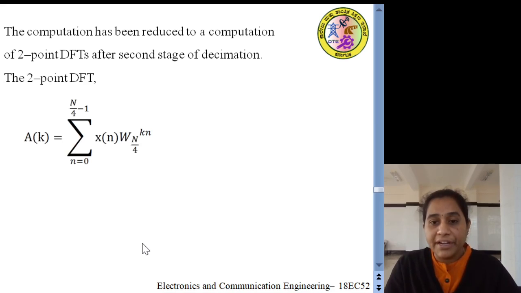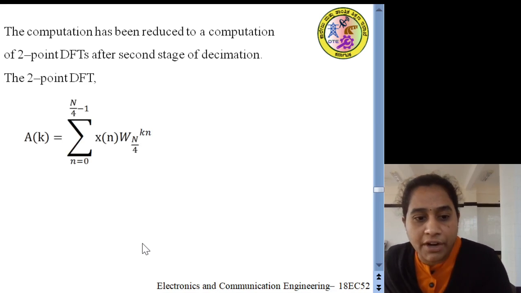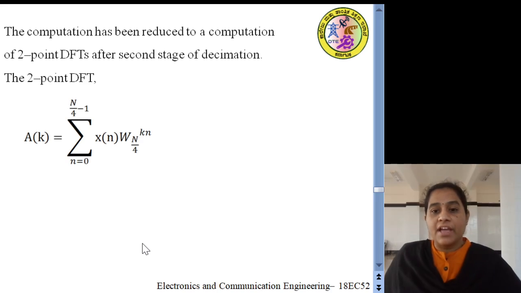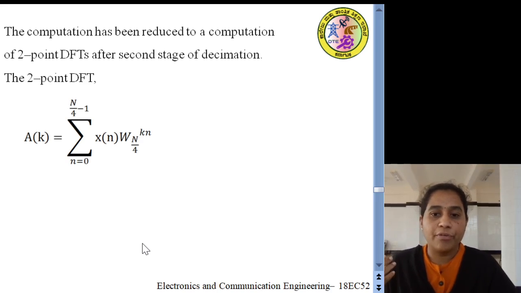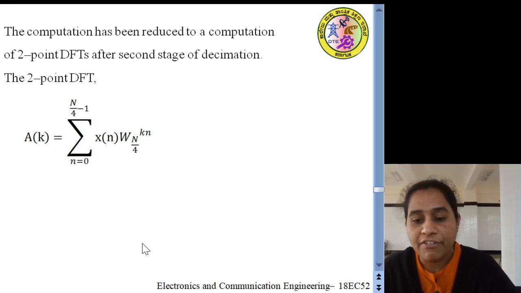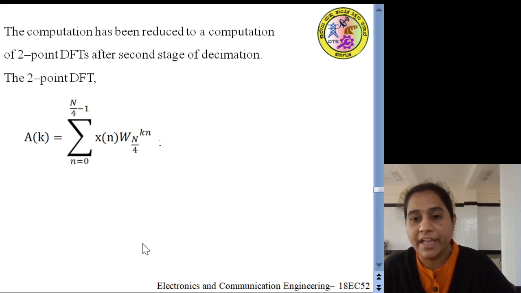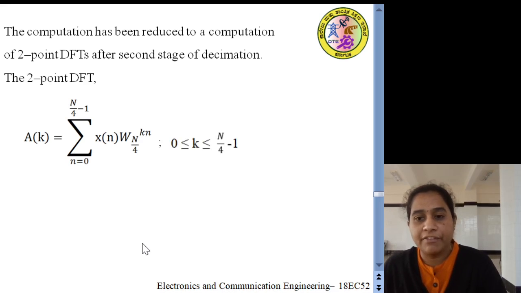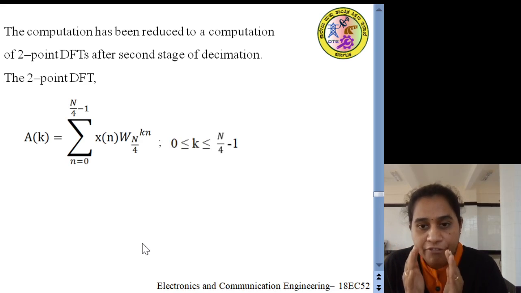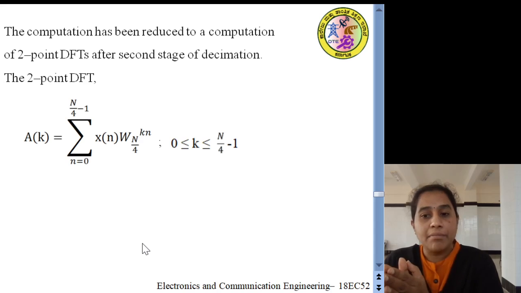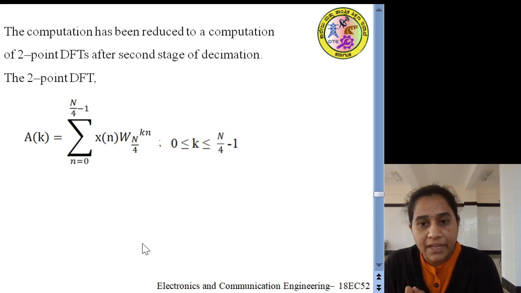So the 2-point DFT we got here is A[k], which is given by the summation over n varying from 0 to N/4 minus 1 of x[n] into W_{N/4}^{kn}. Here the value of k varies from 0 to N/4 minus 1. So our A[k] represents an N/4-point DFT.